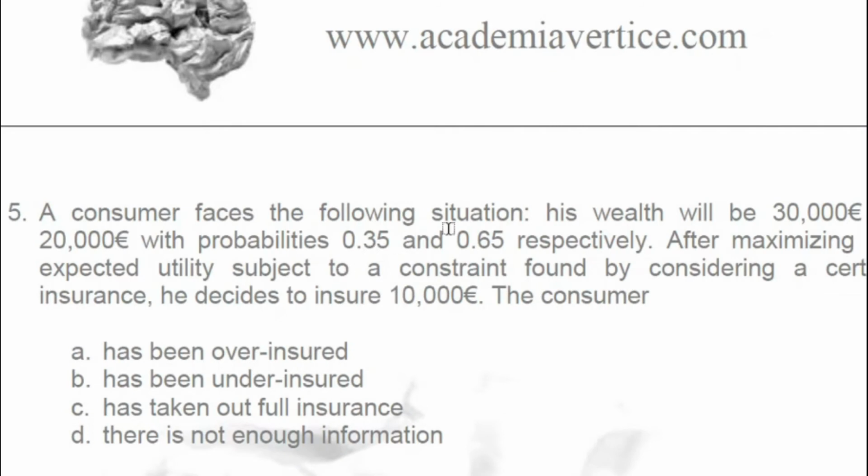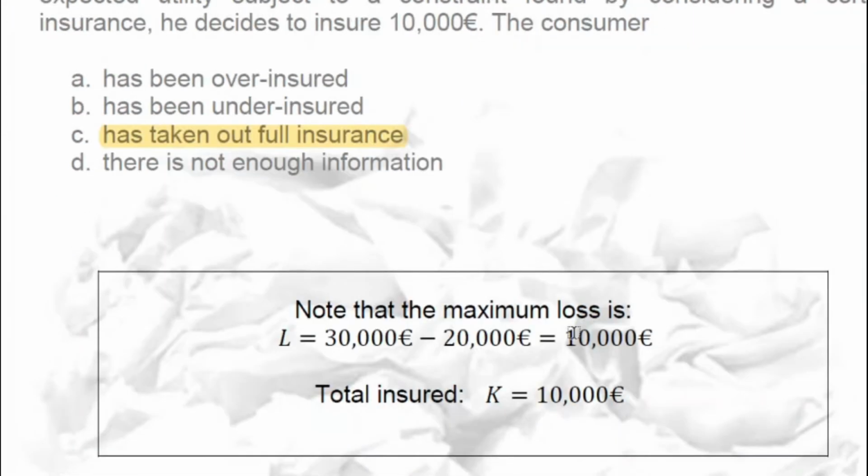Well, we don't have the utility function, but we don't need it. The maximum loss here is 30,000 minus 20,000, 10,000, and this consumer insures all the maximum loss. So the consumer is taking a full insurance. Remember that we usually use L to denote the maximum loss, and we use K to denote the quantity we insure.